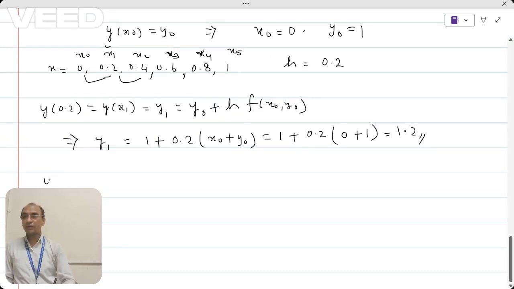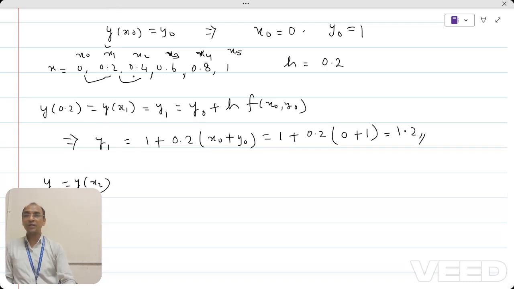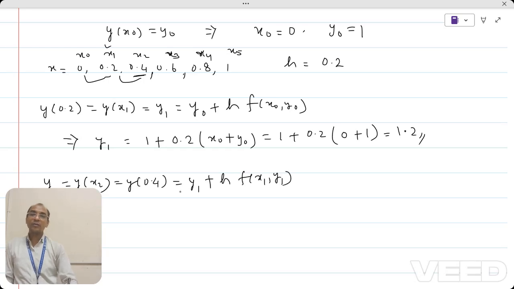Similarly you calculate y2. y2 means the value of y at x2, but x2 is nothing but 0.4. So the value of y at 0.4 is equal to, since I am calculating y2, the algorithm says that y2 equals y1 plus h f of x1, y1. Remember this.